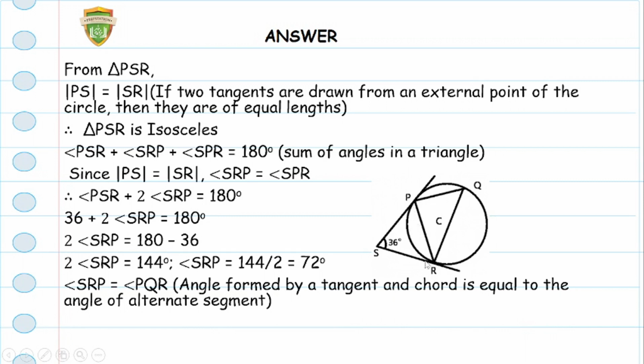So for example, this is a minor segment and this other side is also called a major segment. So what this theorem is saying is that this angle here that is formed by this chord and this tangent is equal to the angle that is right here in the alternate segment. So that means that this angle we're looking for, which is PQR, is actually 72, which is option A.